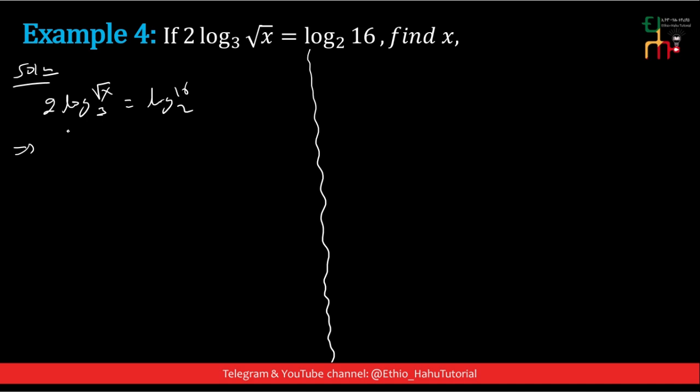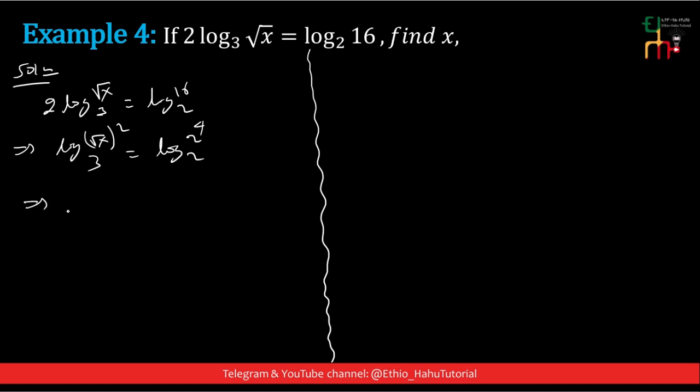This implies logarithm of radical x squared to the base 3 is equal to logarithm of 2 raised to 4 to the base 2. These twos can be taken to the exponent of radical x.